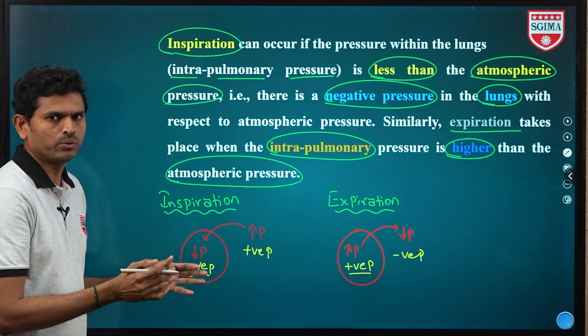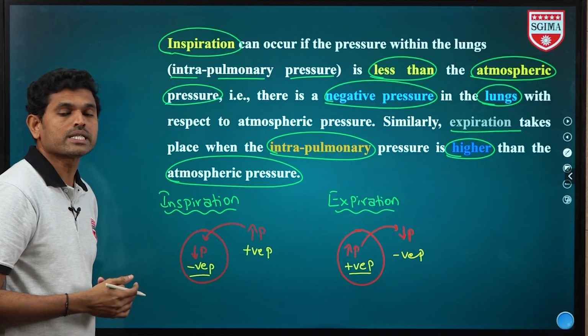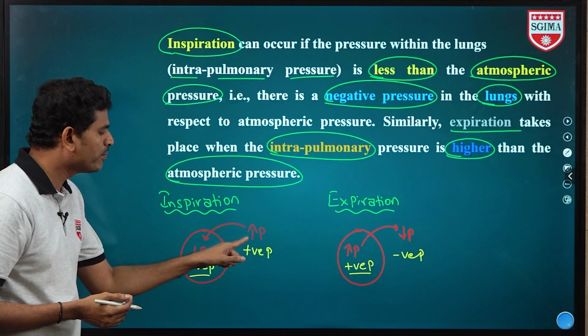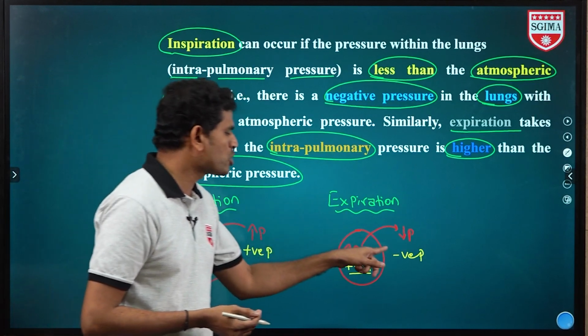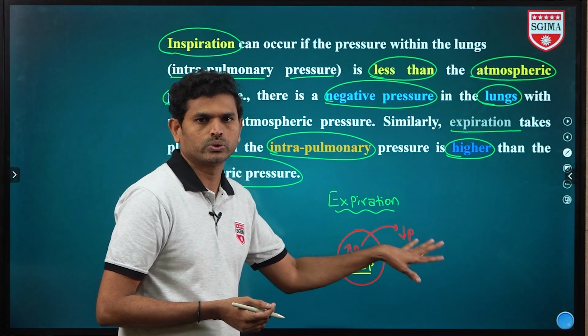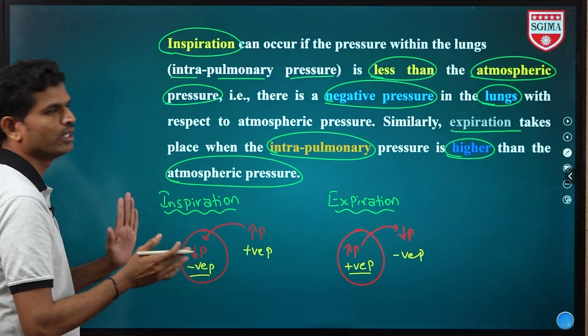Then we are going to say this one concerning the lungs. When concerning the outside environment, when inspiration takes place, environment में positive pressure or more pressure will be there. Then next one expiration में, environment में pressure should be low. So in these conditions, inspiration and expiration will take place.